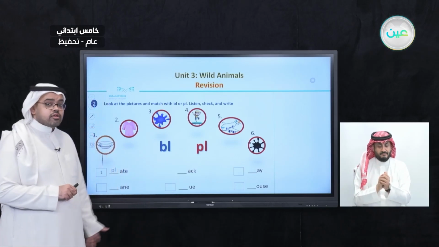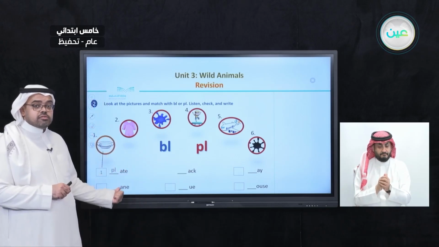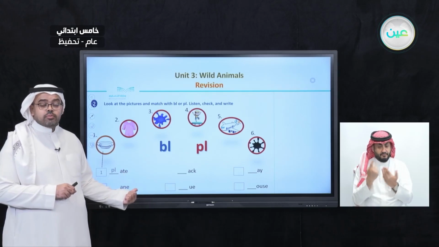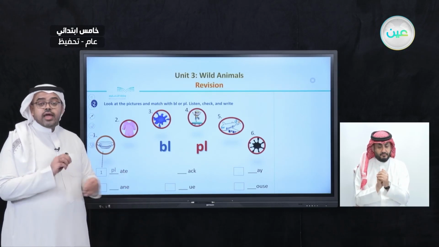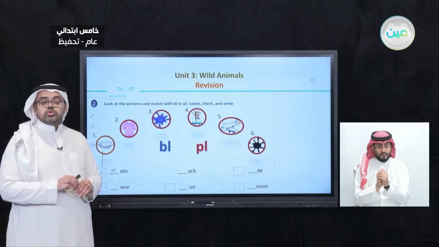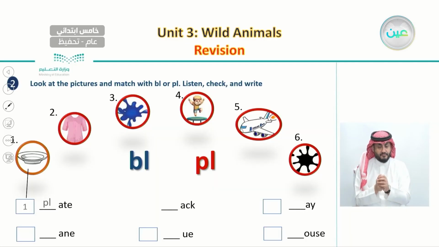So let's first read the first example that is already answered, and then we're going to repeat it. The first answer here is plate. Plate. Say with me, plate. So this is plate, the plate that we usually eat from.